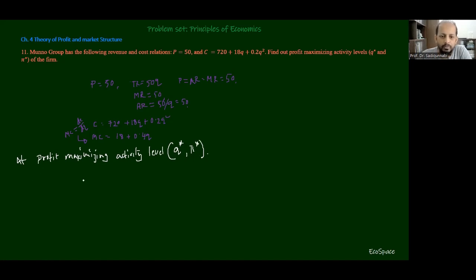And at this level, we know from the previous solution that the first order condition, FOC, is MR equals MC. So this is our first order condition. We know that MR is 50. So this implies 50 equals MC, which is nothing but 18 plus 0.4Q.